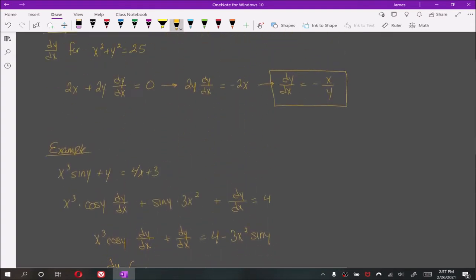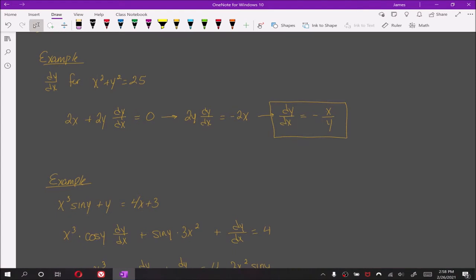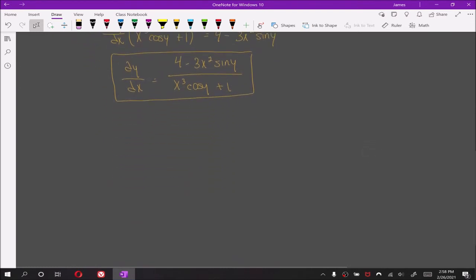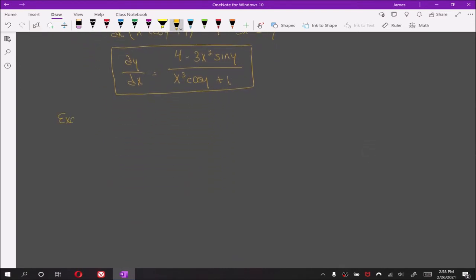Now, let's go back to this example up here, and let's go ahead and find the second derivative. Right, so we want d squared y/dx squared for x squared plus y squared equals 25.